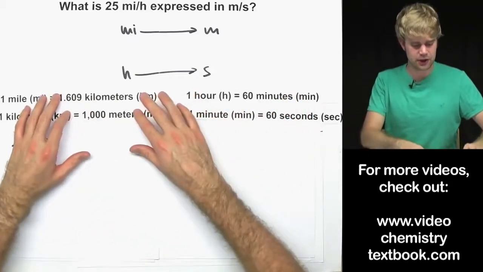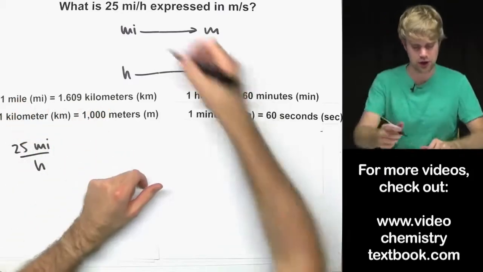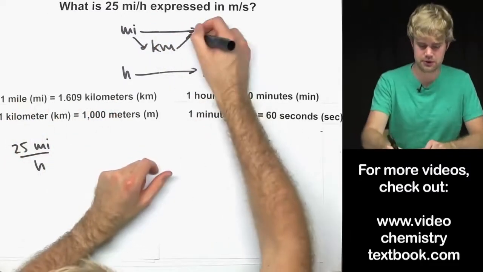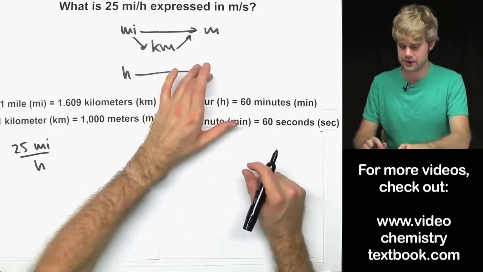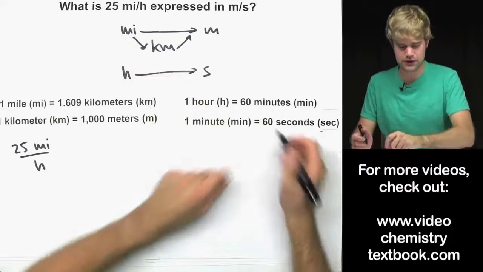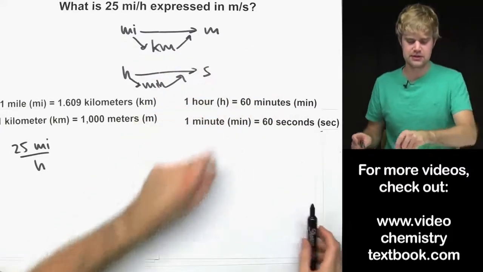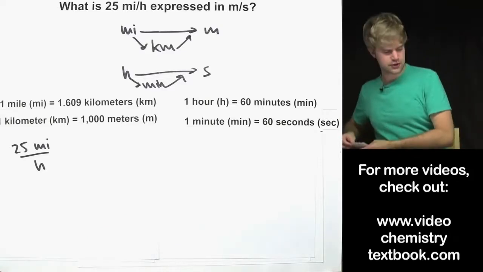So the point is we can't go straight to either one of these destinations. We've got to go from miles to kilometers, and then from kilometers we can go to meters. And then for hours to seconds, we can't go directly there. We can go from hours to minutes, and then minutes to seconds. I've already written out these conversion factors, so we can go really fast.